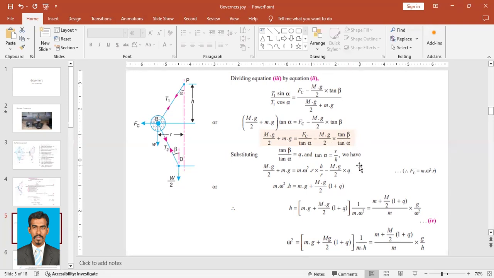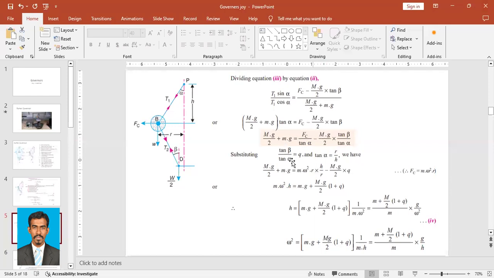So in order to reduce the complexity, we'll give a certain term for it. So capital Mg by 2 plus small mg equals, dividing by tan alpha on both sides, so here tan alpha will be cancelled out, Fc upon tan alpha minus capital Mg by 2 tan beta upon tan alpha, right?